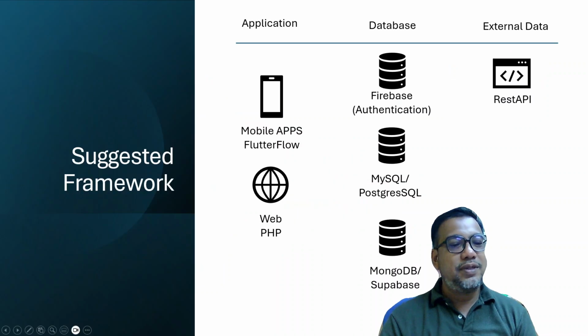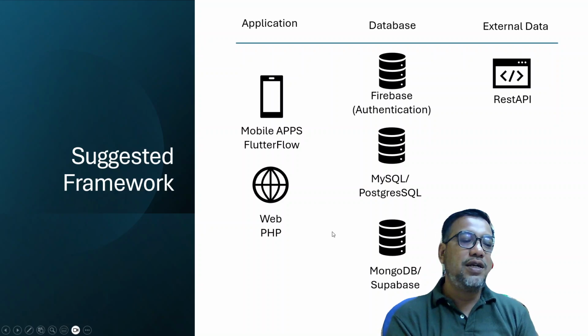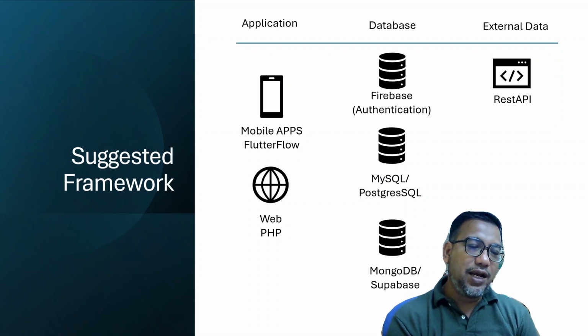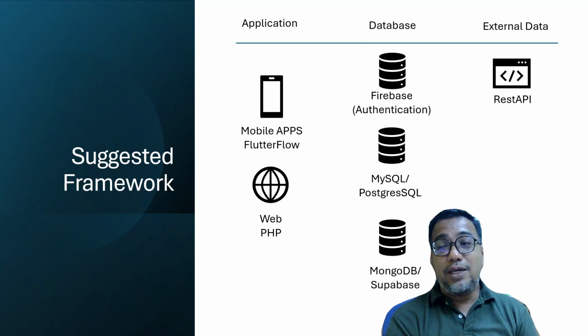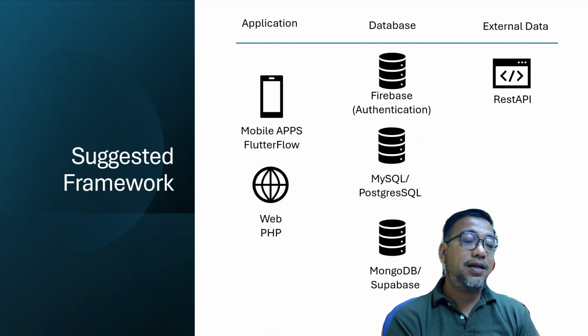Okay. Right. So suggested tools yang you boleh guna lah, framework yang you boleh guna. You can use PHP, nak pakai Python boleh, nak pakai mobile apps, pakai FlutterFlow pun boleh. Pakailah apa-apa yang boleh buat mobile apps also can. Okay, and then database, you can use more than one databases. Nak senang authentication, pakai Firebase, kan? And then for structured data, you can use MySQL.